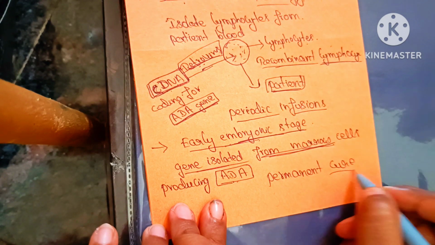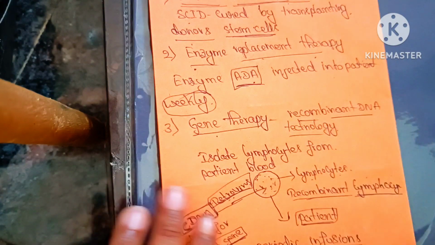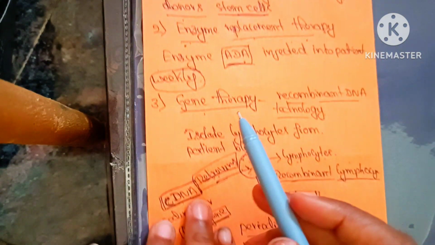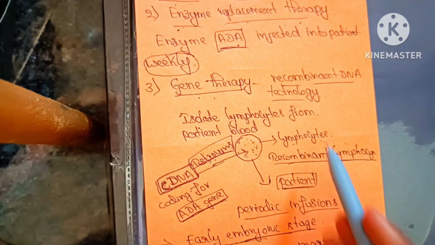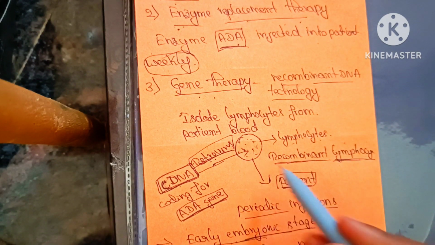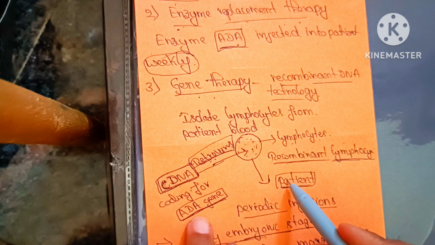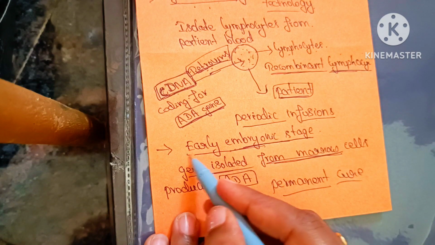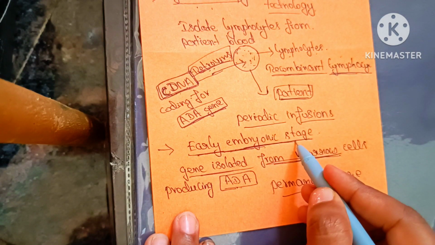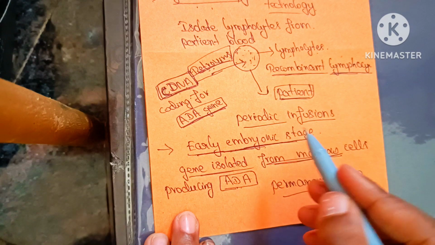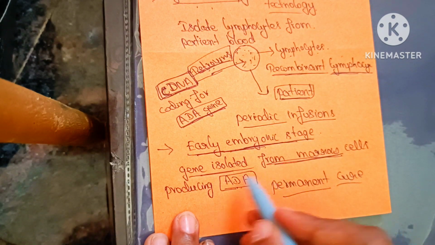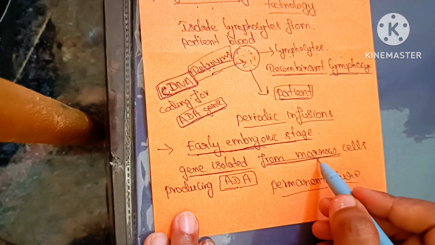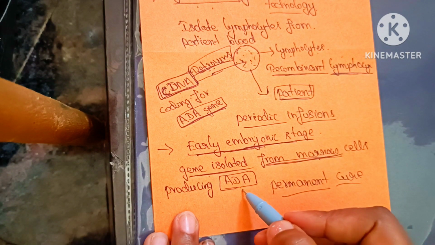So the earlier approaches we discussed, that is bone marrow transplantation, enzyme replacement therapy, and even gene therapy, that is production of recombinant lymphocytes and introducing them into the patient, are not a permanent cure. A permanent cure is possible when the condition is diagnosed at the early embryonic stage, and if they transfer the genes isolated from marrow cells directly to that embryo, then it will become a permanent cure.